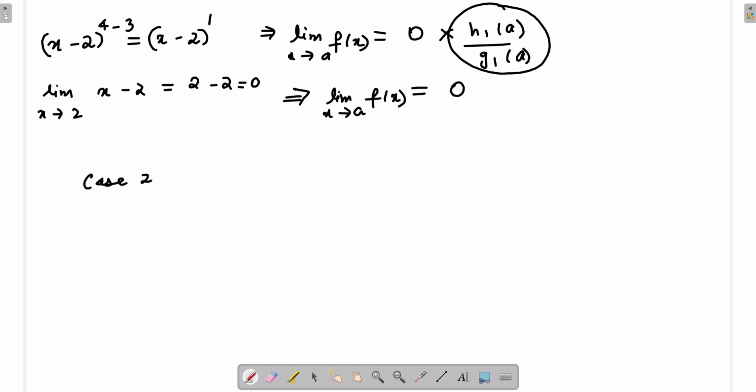Now if we look at case 2, case 2 will be l is less than m.